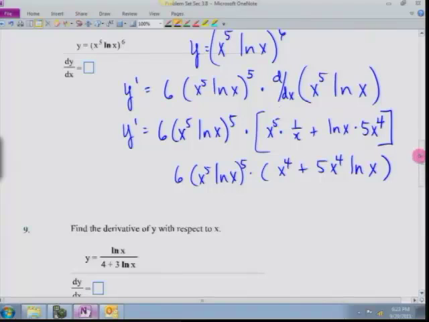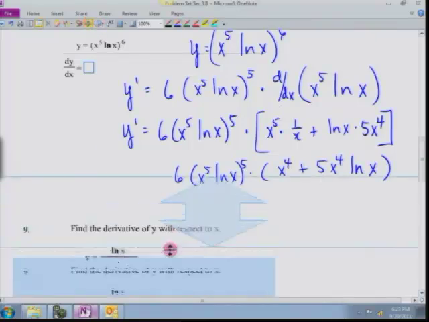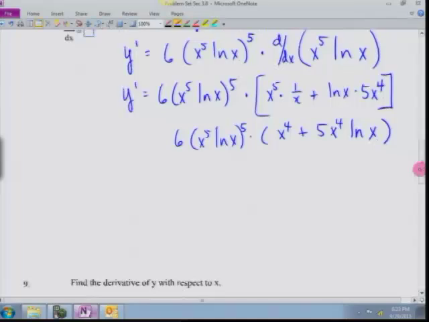Need more room. Okay, this is where your algebra can help you out. What happens with this? This is just a term. Can we raise this to the fifth power in here?